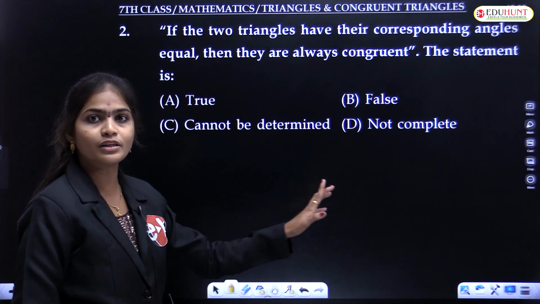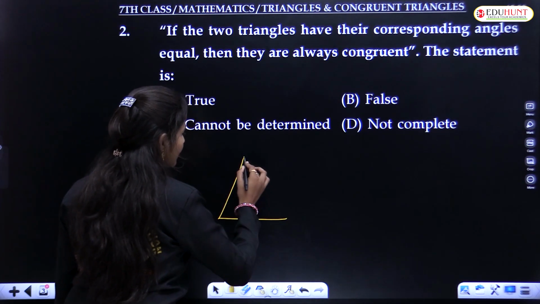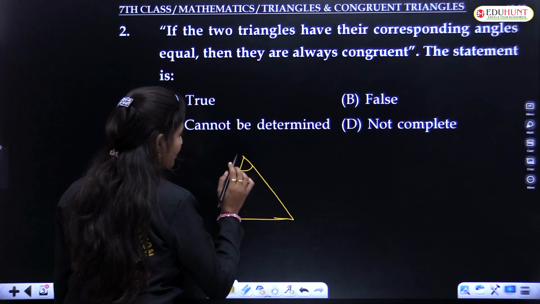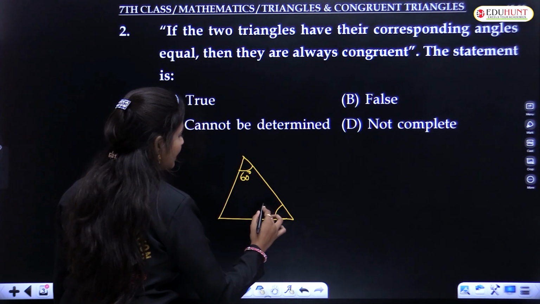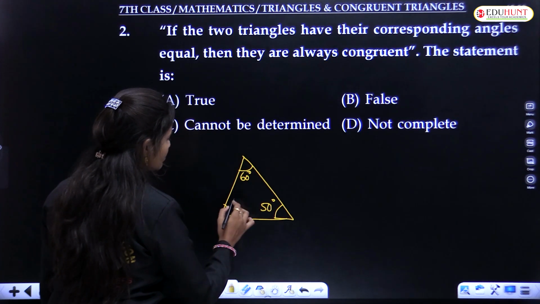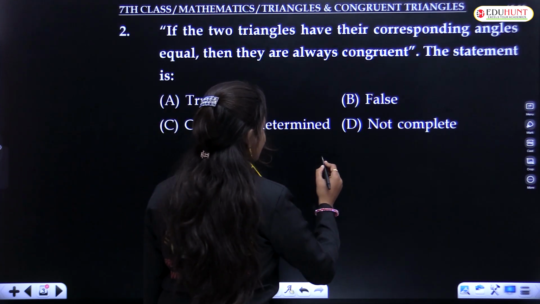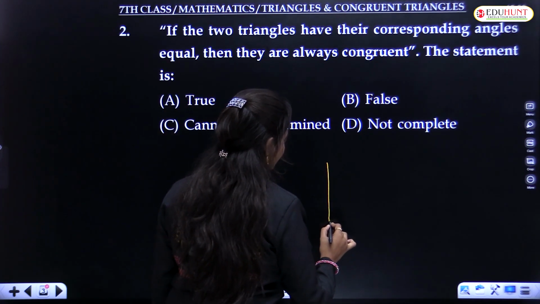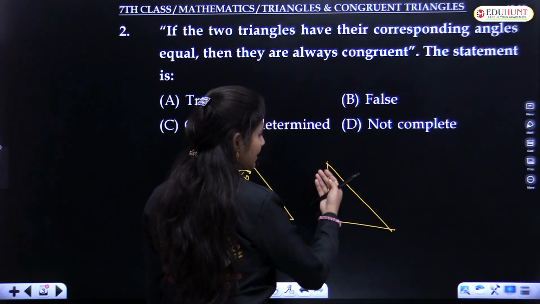So here I will draw the 2 triangles. Here this is the first triangle, and I am going to draw the angles as 60 degrees, and here this is 50 degrees, and this is 110, no? So here this is 70 degrees. Clear? Next, this is not a right triangle.